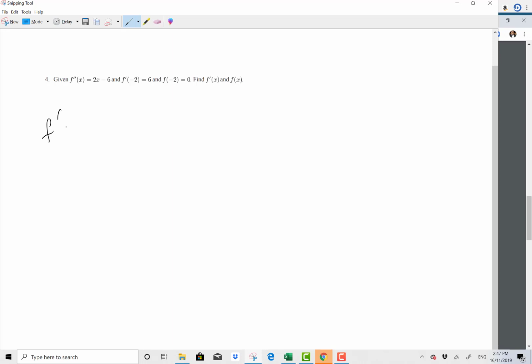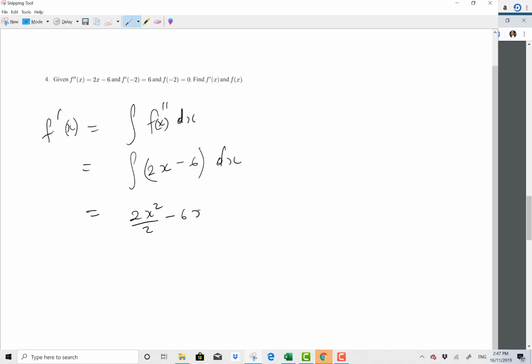So to find f prime, I'm going to find the integral of f double prime with respect to x. This is going to be the integral of 2x minus 6 dx. Since it's an indefinite integral, I must have a constant. So to integrate this, I'm going to have 2x squared divided by 2 minus 6x plus c.